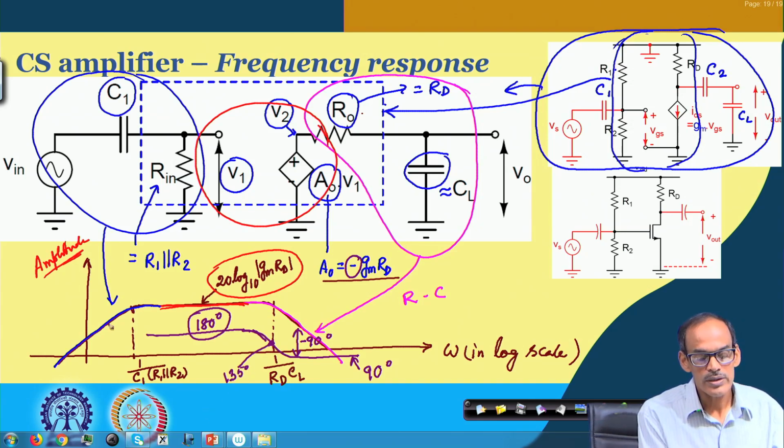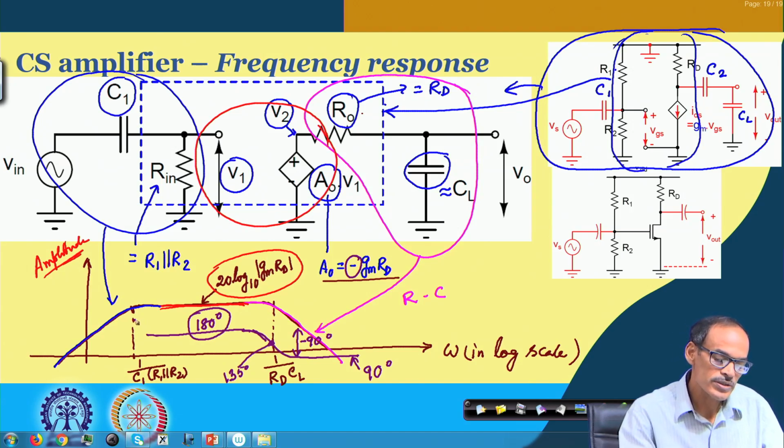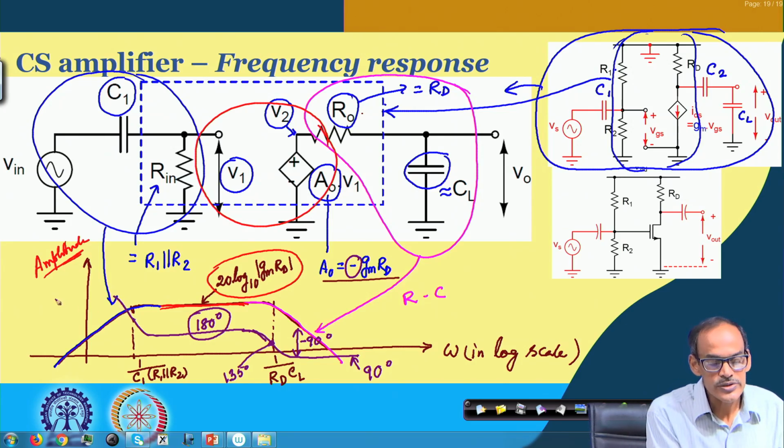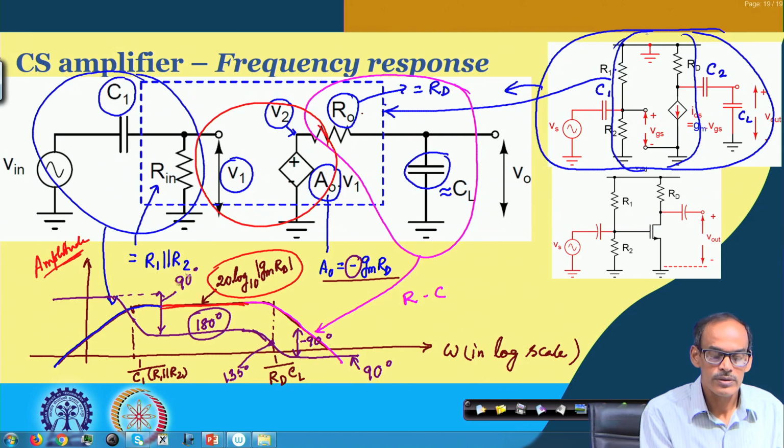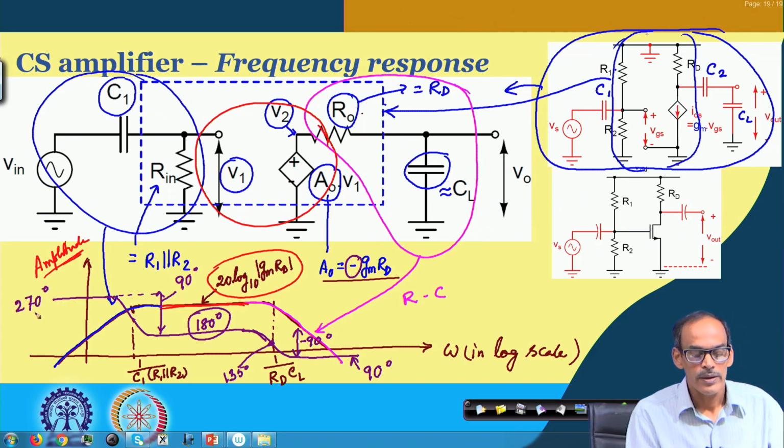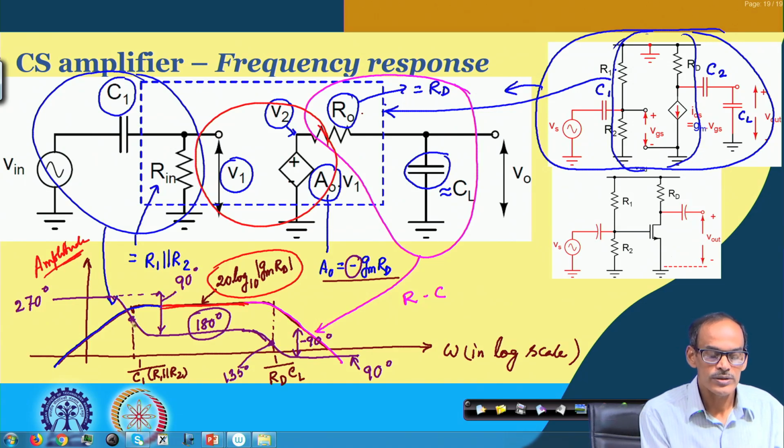On the other hand, here the step is the other way. So, the phase rises here, and here also it will have a step of 90 degree phase up. So, this is 90 degree plus. So, we may say that this is 270 degree at this level, and at this point here it will be plus 45 degree.